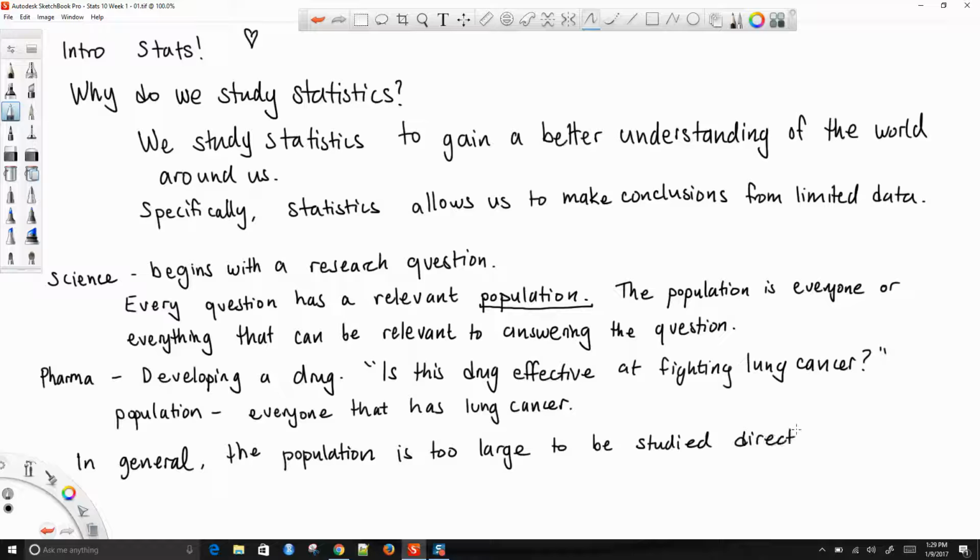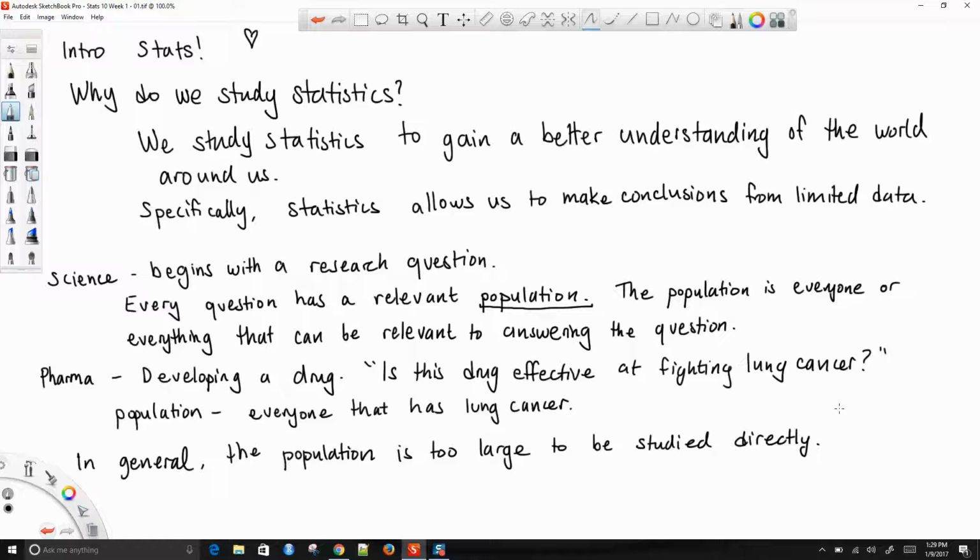Okay, so if we're talking about everyone that has lung cancer, there are just too many people, okay? And the population is not always fully defined or known, right? There could be people who have lung cancer and we're not even aware of it, okay? Those people might not even be aware that they have lung cancer, but they are potentially someone that we would want to study, okay?